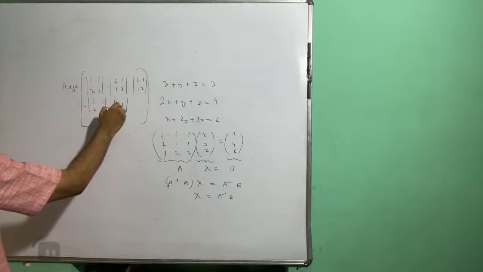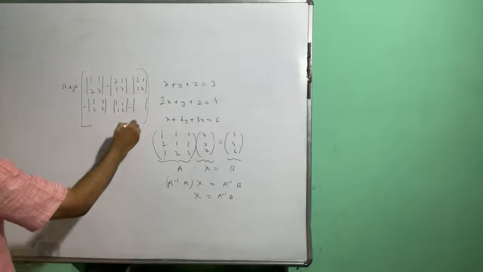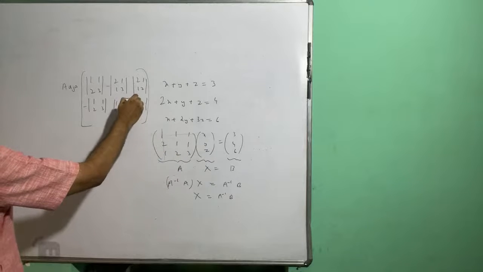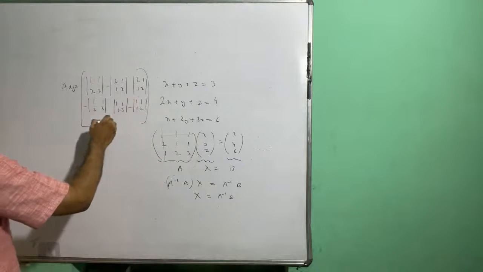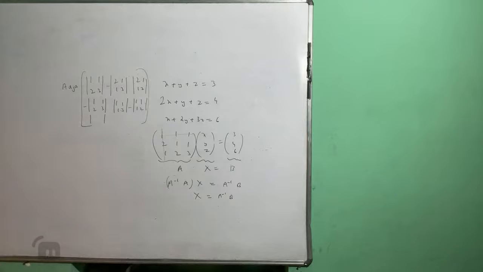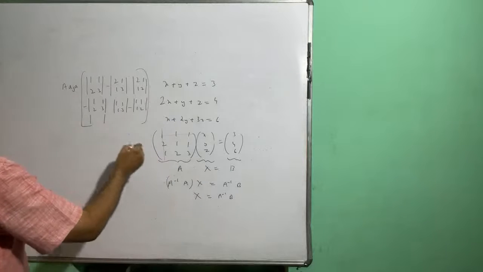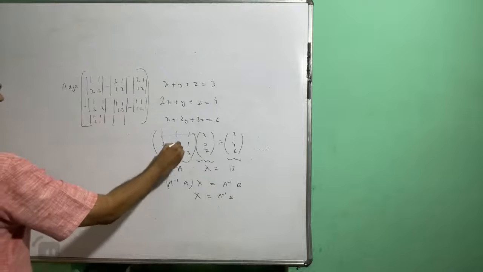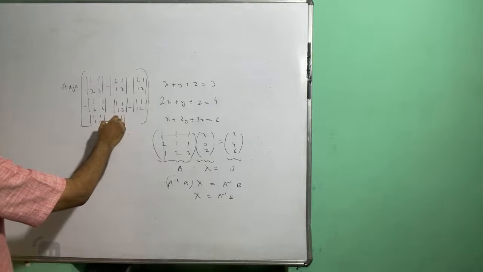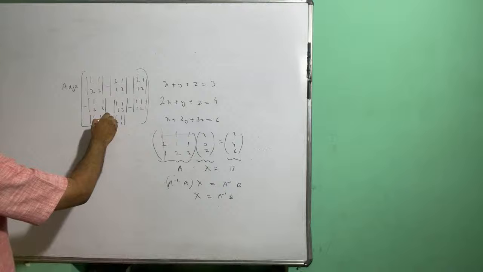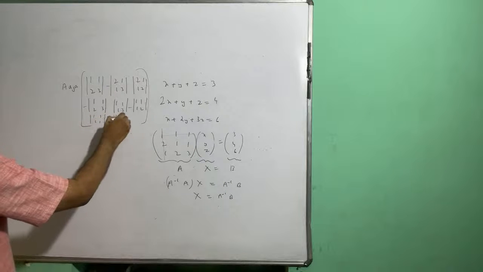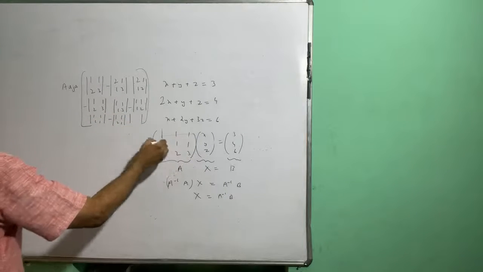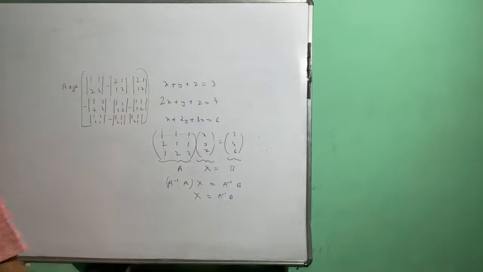Then this will be 1, 1, 1, 3. Then you suppress this, so 1, 1, 1, 2. Then finally you suppress this, so 1, 1, 1, 1. Then you suppress this, so 1, 1, 2, 1. And finally 1, 1, 2, 1.